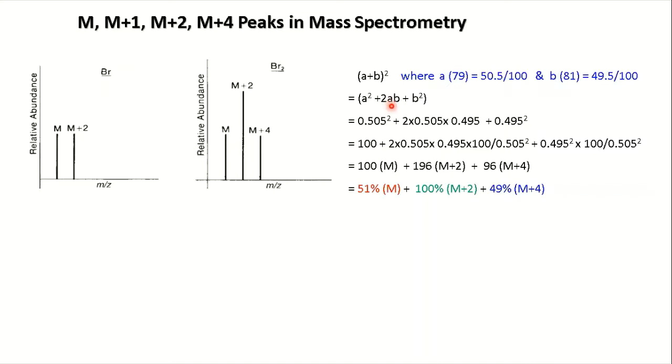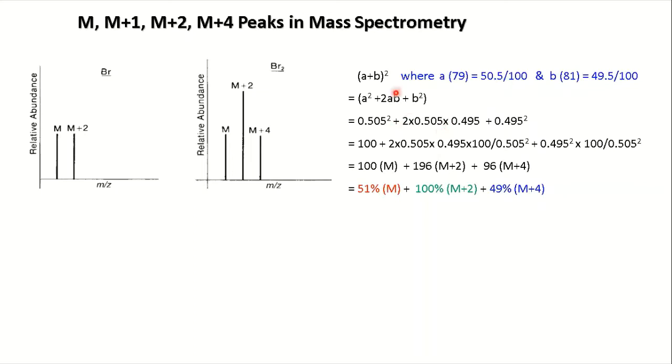A is the contribution from M, B is the contribution from M plus 2. So overall you are adding 2 units extra. That's why 2AB gives the contribution of M plus 2, and B square is purely of 81, which is already 2 units more, twice over. So that's why B square gives the contribution of M plus 4.